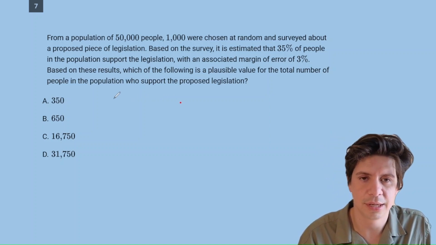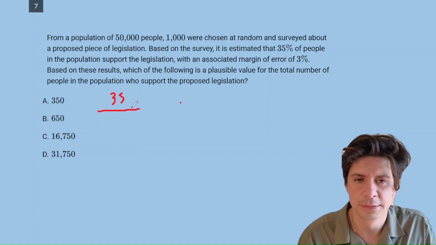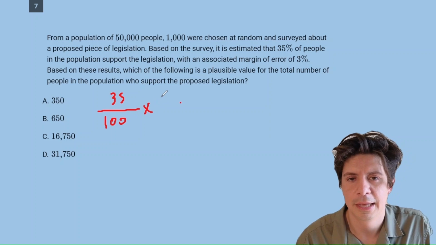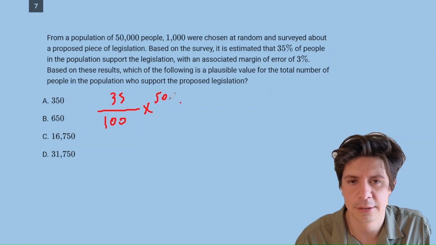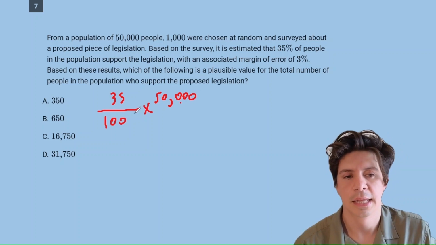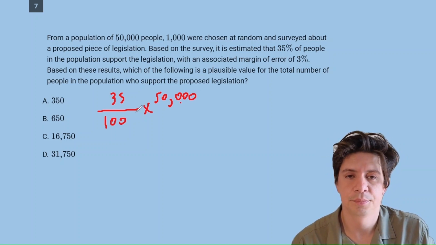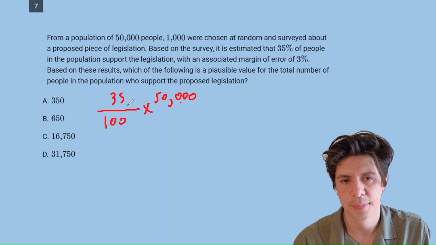So you can do that like this: 35 out of 100 times 50,000, right? And then that's gonna be what, right? We're gonna do 50,000 divided by 100.